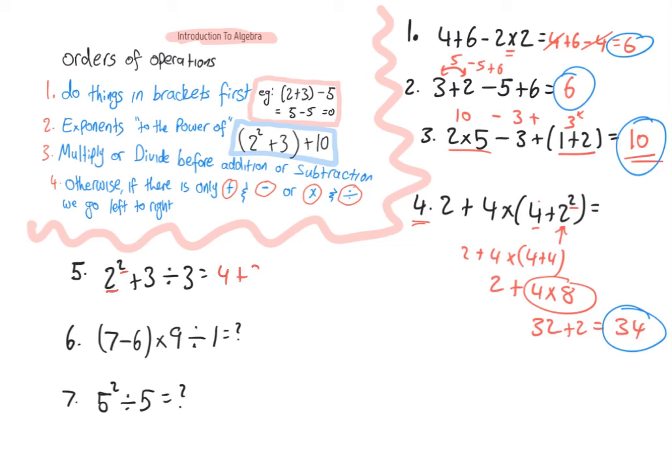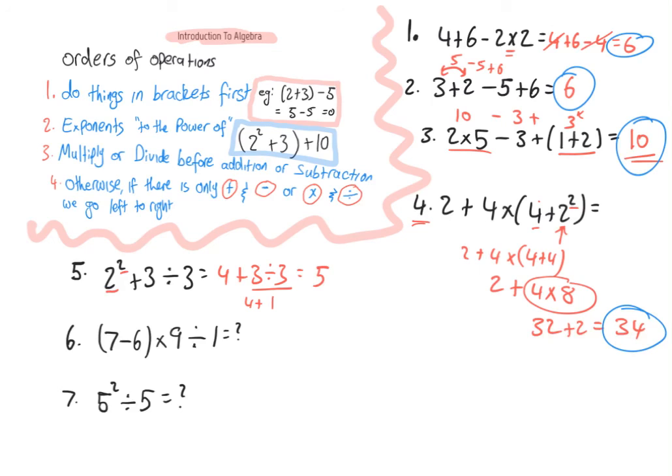And then we have plus 3 divided by 3. Solving that again, we're going to start with the division here. So 3 divided by 3 is 1. And then we're going to add the 4, which gives us 5. Pretty simple.